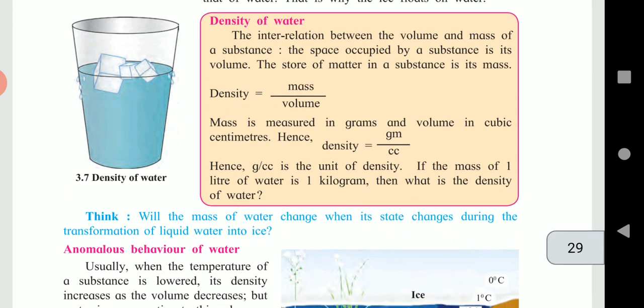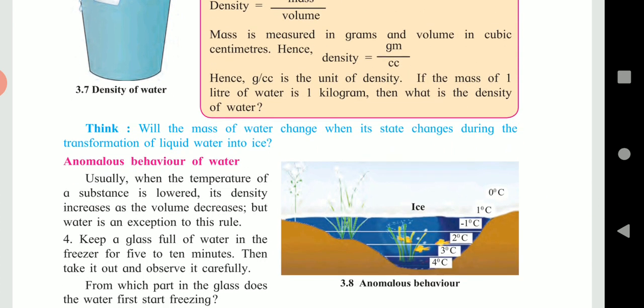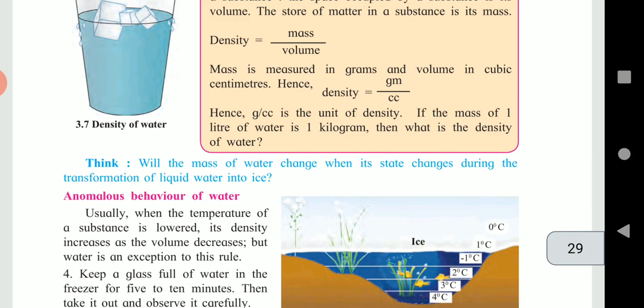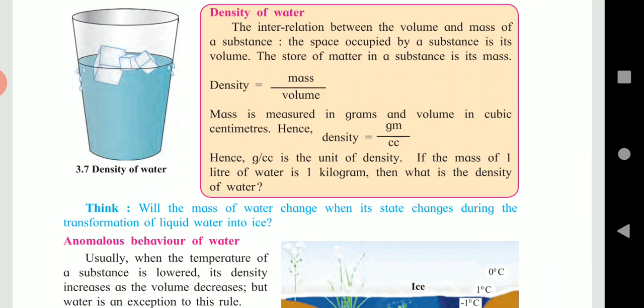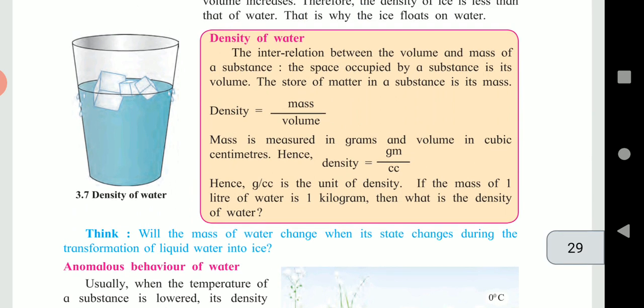Now see the density of water. The space occupied by a substance is its volume. The amount of matter in a substance is its mass. And density is nothing but mass upon volume. Density of a substance is the ratio of its mass and volume.